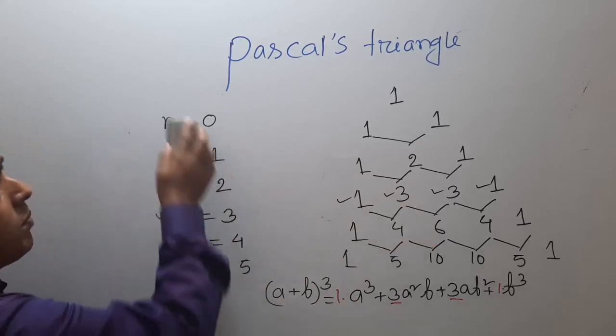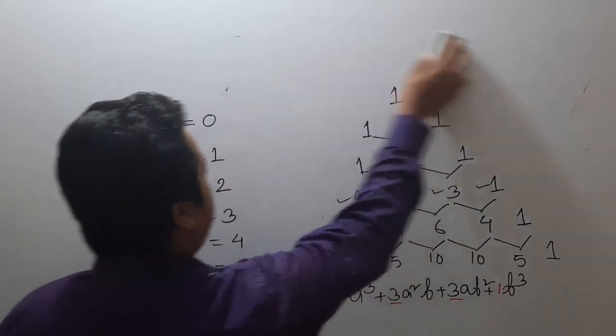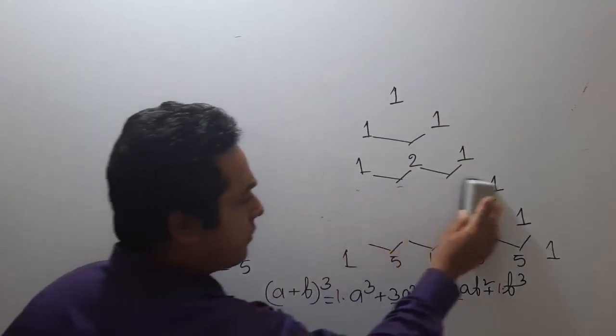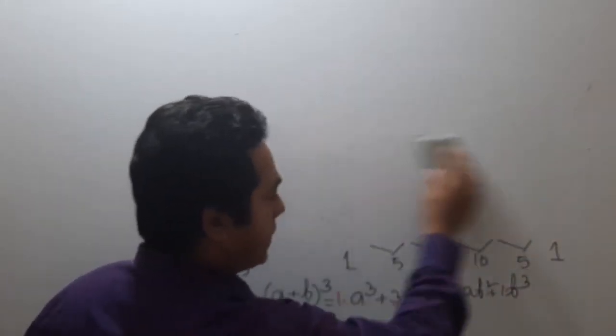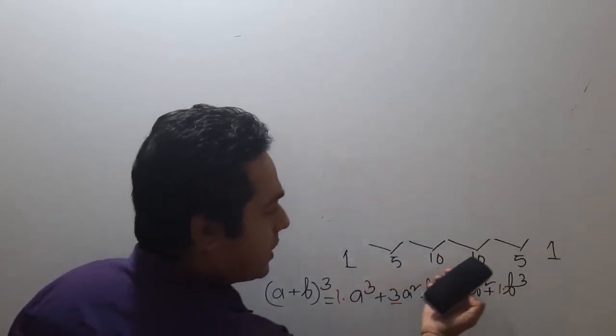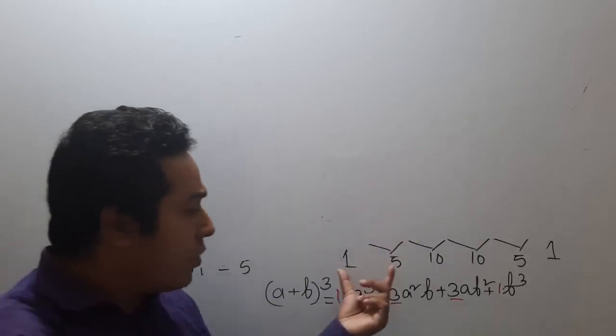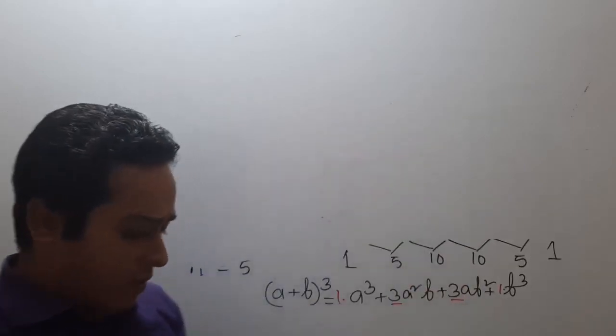Okay, now for example, if n is equal to 5, our coefficients are 1, 5, 10, 10, 5, 1. And how can we get the coefficient in the binomial theorem?